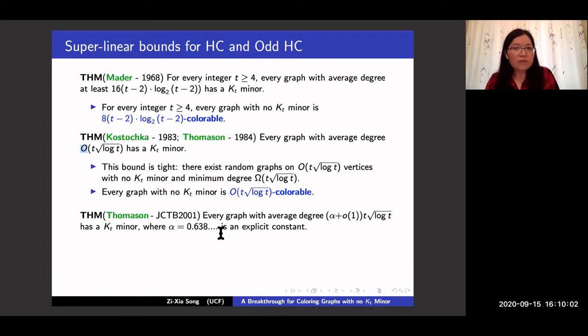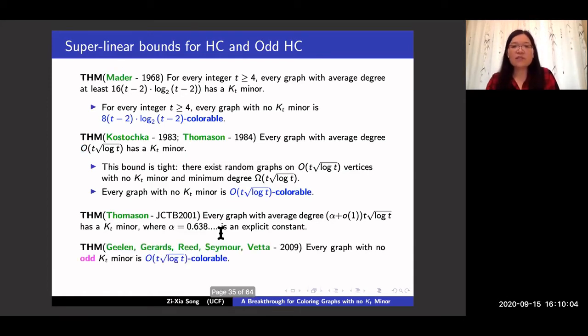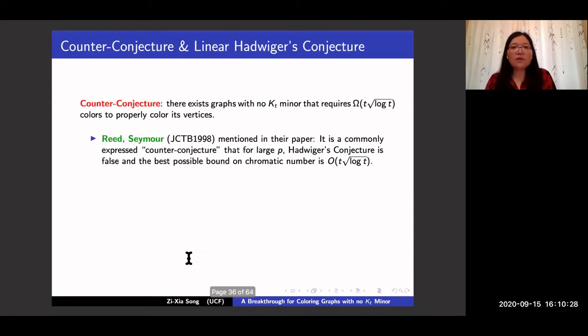So now what about other Hadwiger-type conjectures? Kostochka and Thomason's bound was extended to odd minors by Geelen, Gerards, Reed, Seymour, and Vetta in 2009 for odd clique minors. That's pretty much the record before last year for Hadwiger's conjecture and other Hadwiger-type conjectures.